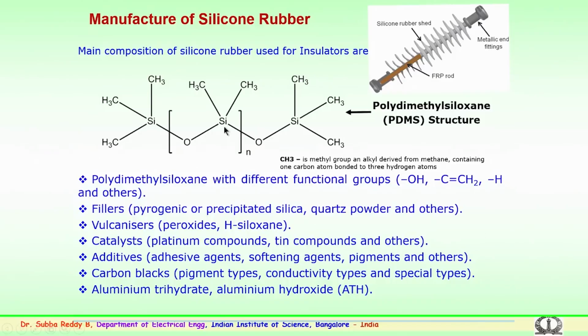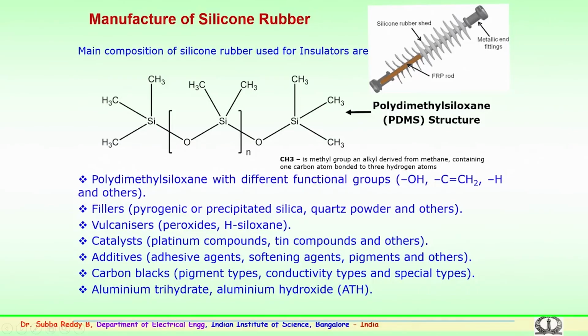Basically, the silicon is bonded to oxygen and the methyl group. The methyl group is an alkyl derived from methane, which contains 1 carbon and 3 hydrogen atoms, which are bonded. This is how the structure looks.